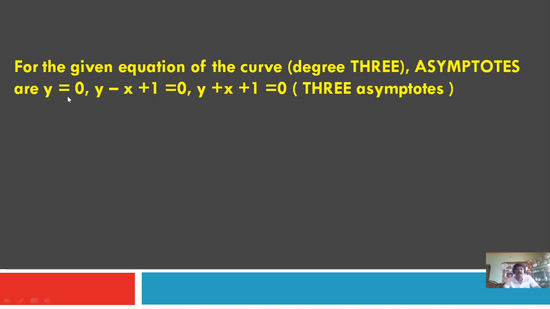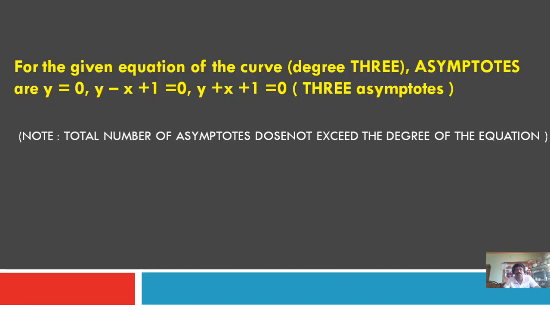Here y equals 0 is the asymptote parallel to the coordinate axis. The other 2 asymptotes are not parallel to the coordinate axis. So the total number of asymptotes is 3 and the degree of the equation in our example is 3. Please remember that the total number of asymptotes never exceeds the degree of the equation.